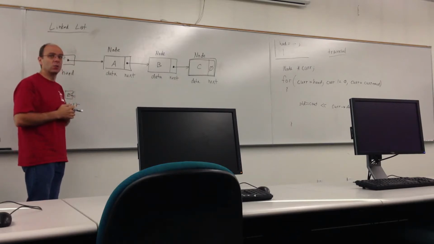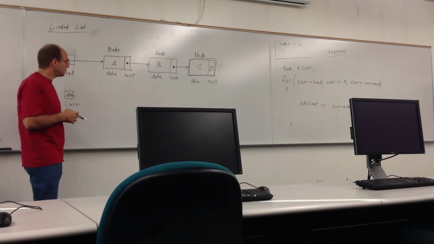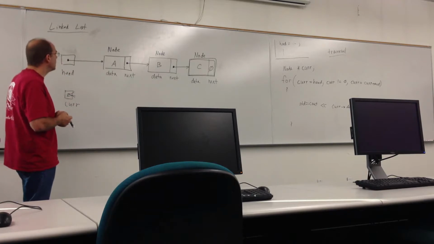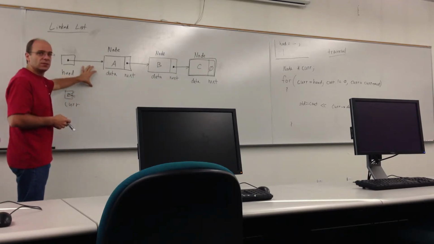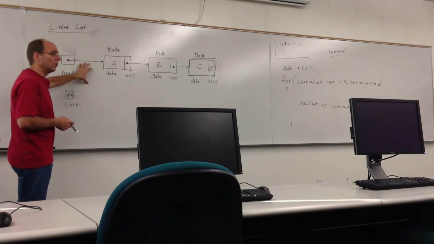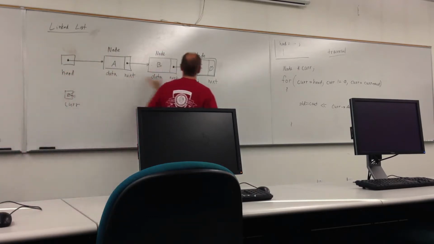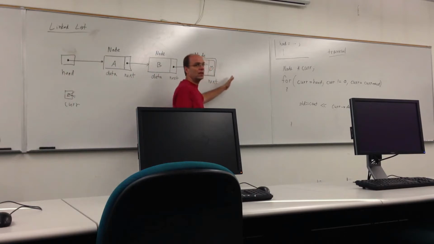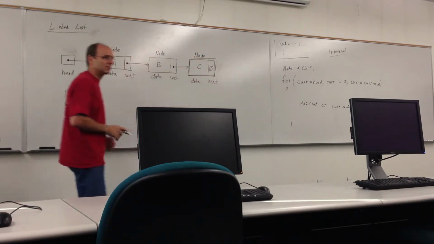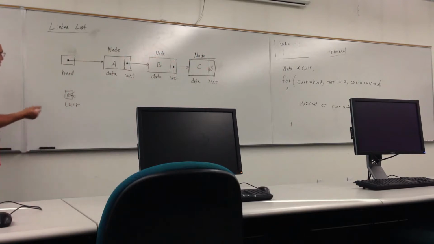It's okay if they're in random order. Because of that, we are going to only insert at the front of the list. New items will only go here at the front. We could put them all at the end, but that means we'd have to traverse the list to find the end to put it on the end. And we're not going to do that. Okay? We're just only going to stick it on the front.